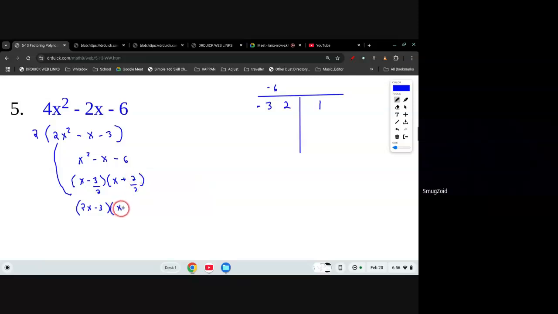So it becomes x plus 1. The real total factorization is this. And then you would take the 2 and now put it in front. Technically speaking, this is the total factorization of this. This is the answer, okay?